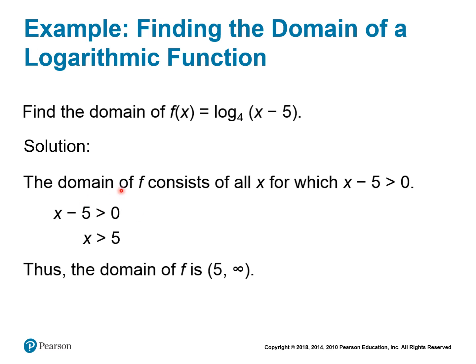So the domain is all values greater than 5, written in interval notation as a round bracket around 5, comma infinity. We have to make sure that x minus 5 evaluates to a value greater than 0, and then state the domain accordingly.